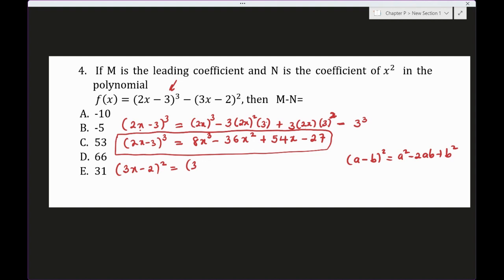So this is simply going to be 3x all squared minus 2 times 3x times 2, then plus 2 squared. Now this is 9x squared minus 12x plus 4. Is that okay? So 3x minus 2 squared is equal to this.